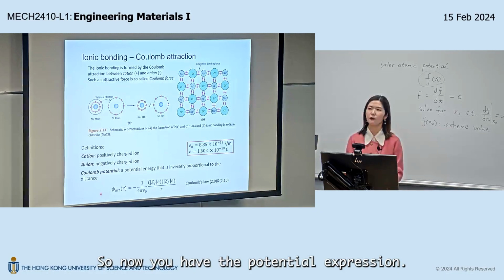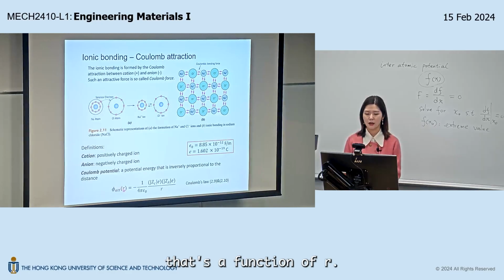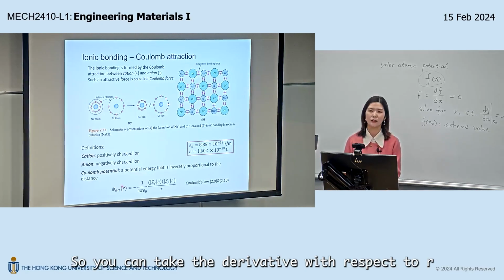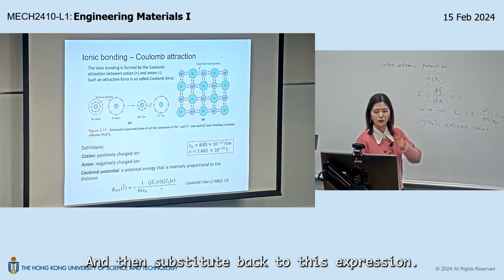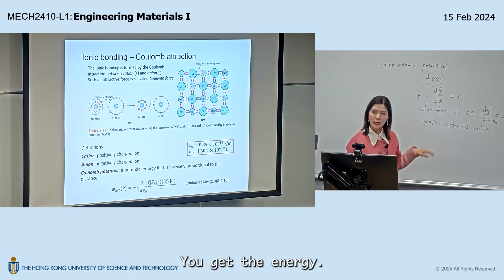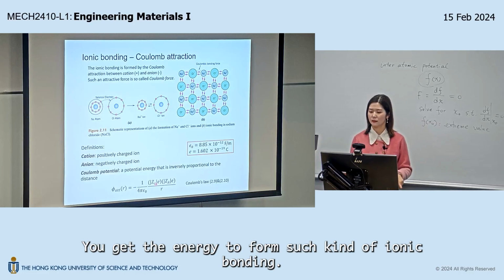Okay, so now you have the potential expression. Once you have the potential expression, that's a function of r. So you can take the derivative with respect to r to get equilibrium separation. And then substitute back to this expression, you get the energy, right? You get the energy to form such kind of ionic bonding. Okay.